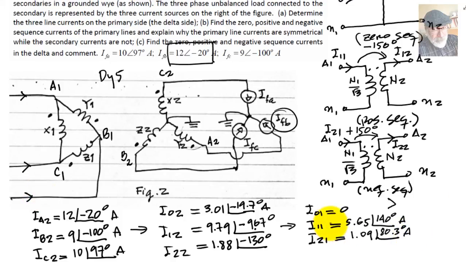Now that we have the zero, positive and negative sequence currents of the primary lines, we use the transformation to find the actual phase currents here: phase A of the primary, phase B of the primary, and phase C of the primary.